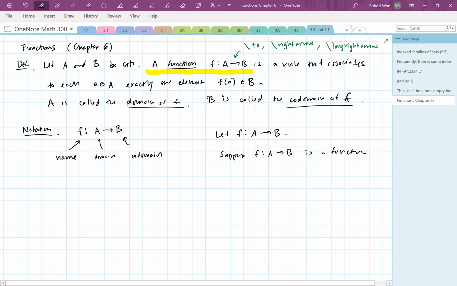That's how you read this. This is read something like f from A to B, or f a function from A to B.